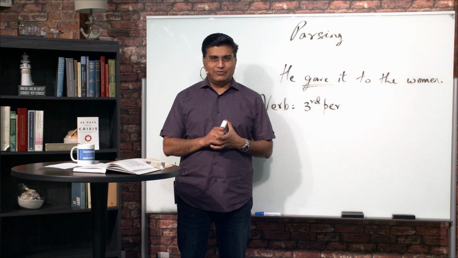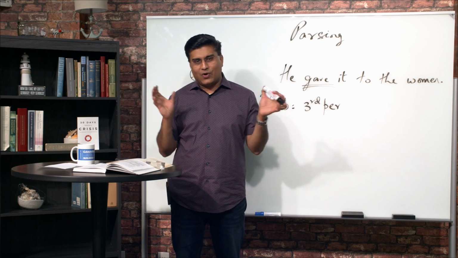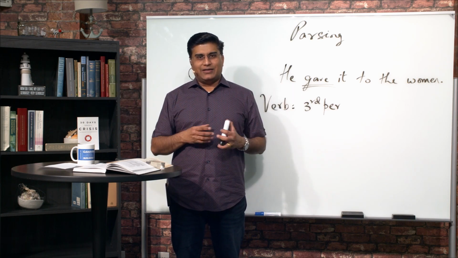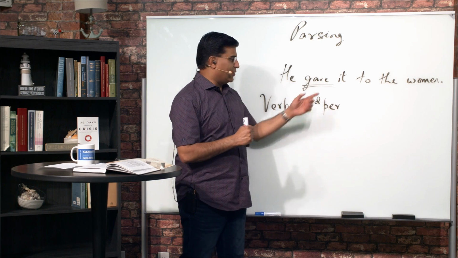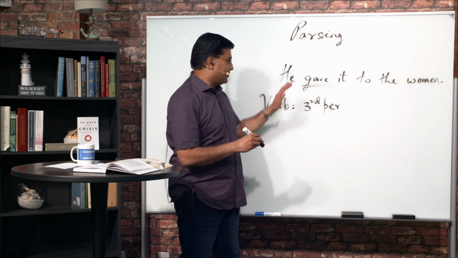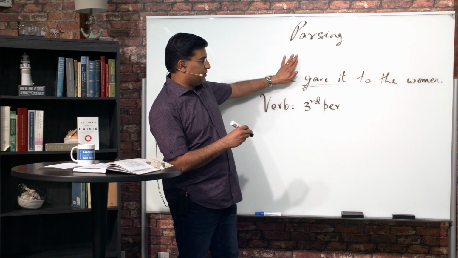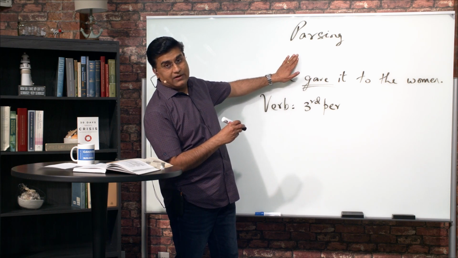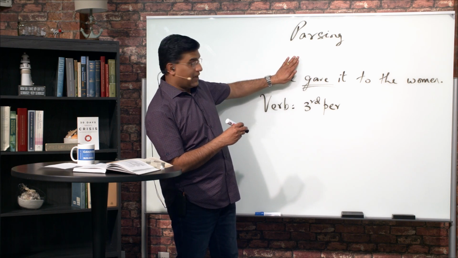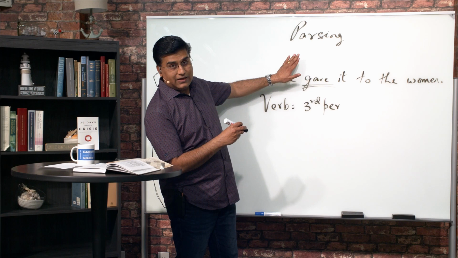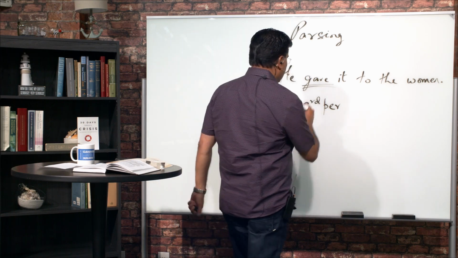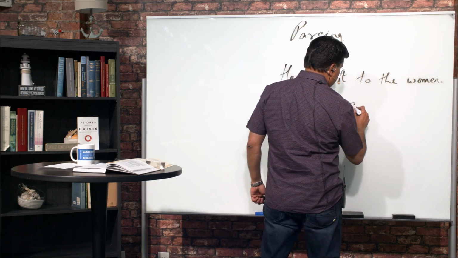In English, you have several words coming together to help us understand what that one word means. Because without that, if this wasn't there, it could be she gave, but here it's he. Or they gave, but here it is he. All right, so third person, singular.